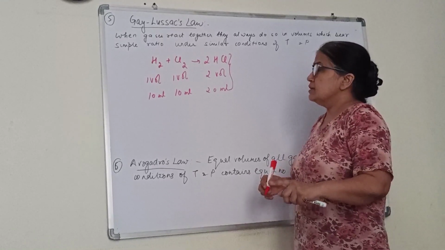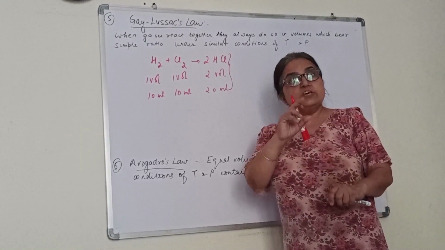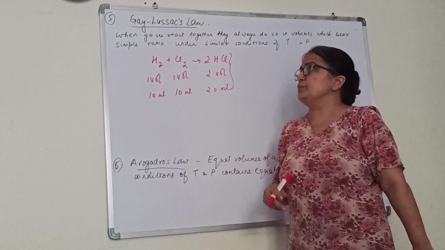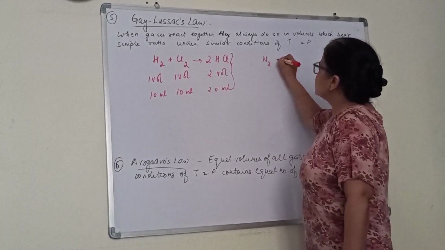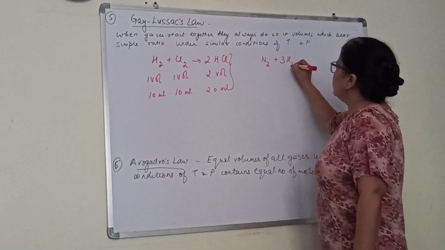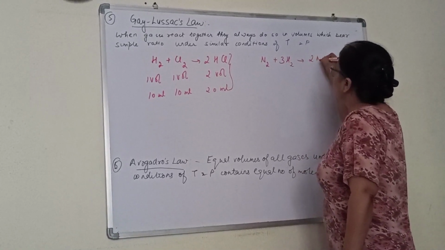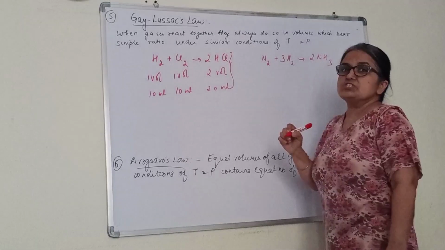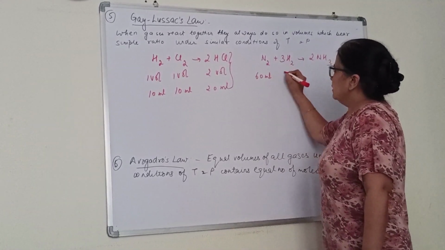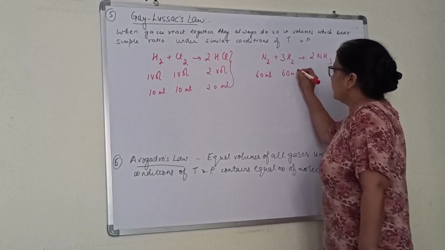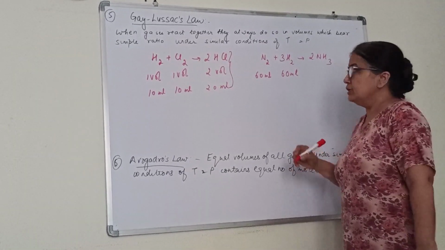Here, sometimes, in MCQs, NEET and mains papers, you have some questions like this. Suppose the equation is given N2 plus 3H2 forming 2NH3. And the question says, 60 ml of this is made to react with 60 ml of hydrogen.